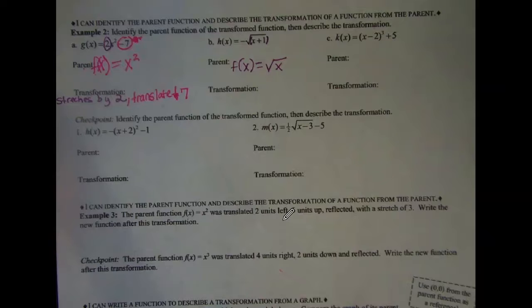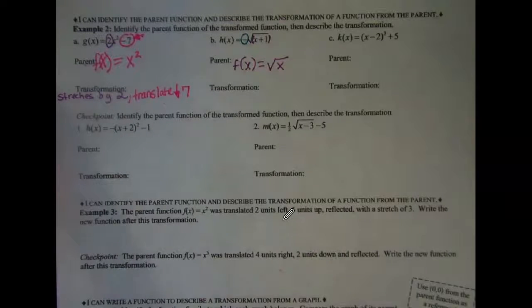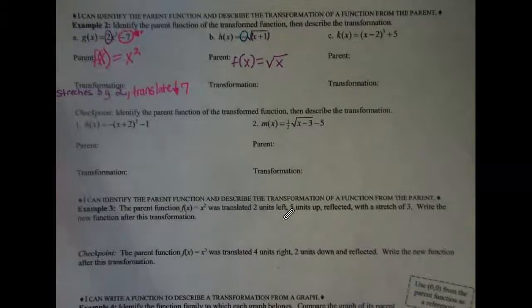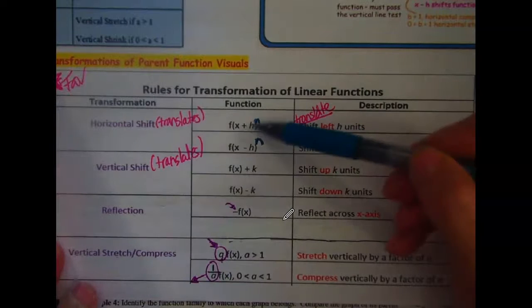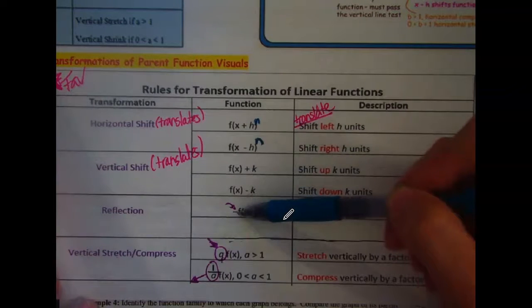Now we need to look at 2 things. 2 things are being done. So I'm going to circle, there's a negative out front. There's no number there either. It's just a negative symbol. So I'm going to go through my chart and see what that negative symbol means. Again, I like to use the bigger chart on the bottom. These are in parentheses, adding, subtracting. This is plus and minus. Oh, look right here.